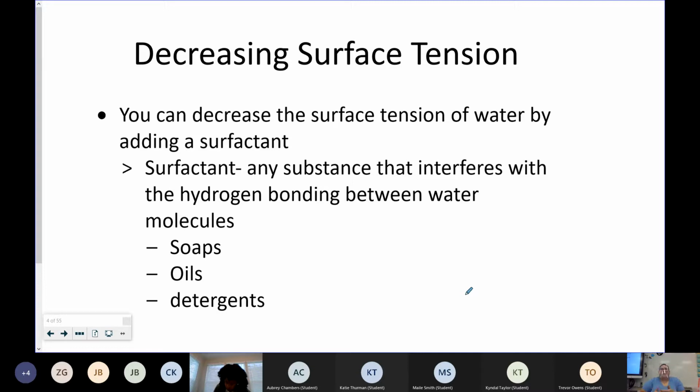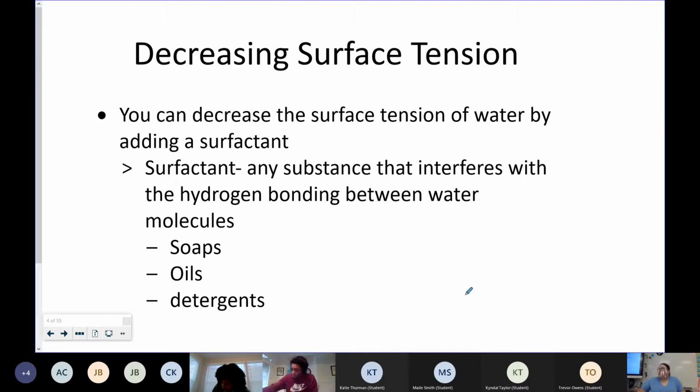A surfactant is any substance that can interfere with the hydrogen bonds between the water molecules. Once those hydrogen bonds are broken and you only have the normal surface tension pulling in toward the center, you're not going to be able to hold as many water molecules in that bubble anymore. It will break apart much faster.